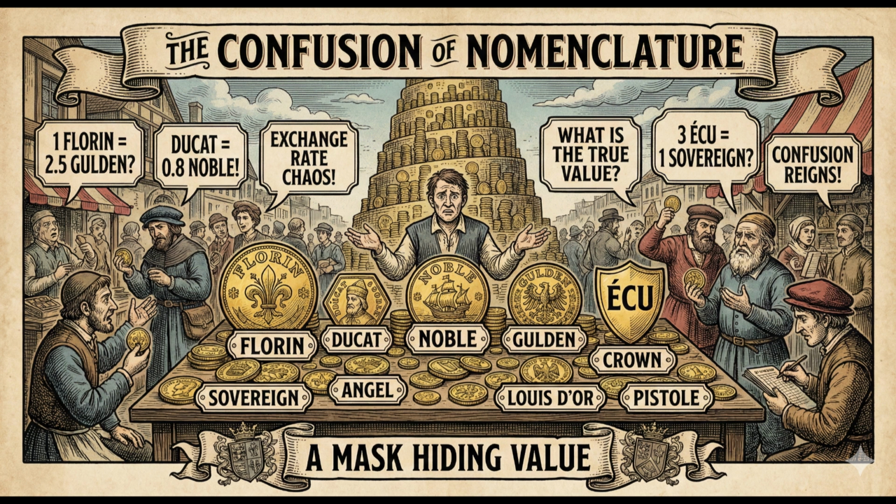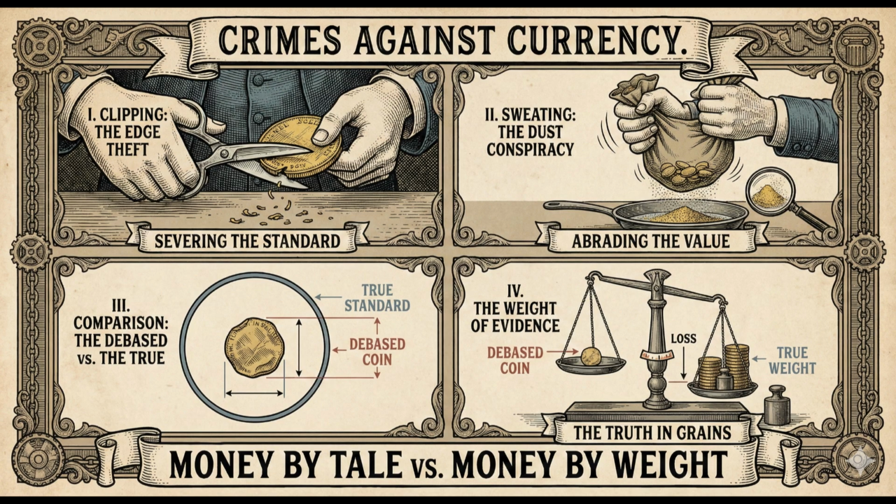This confusion was further compounded by the practice of clipping and sweating coins. Even if a coin bore a famous name like the ducat, its physical integrity was often compromised. Criminals and even unscrupulous officials would shave the edges of gold coins, accumulating the dust, returning the diminished piece into circulation.